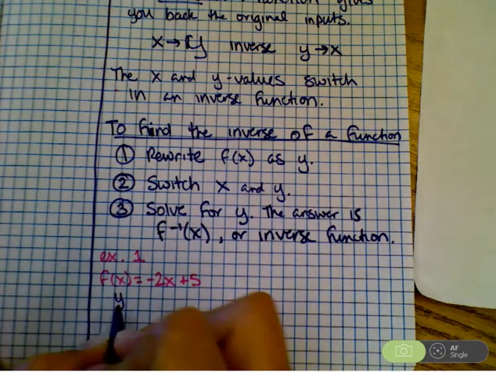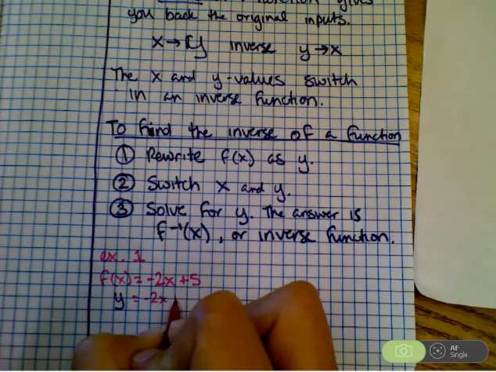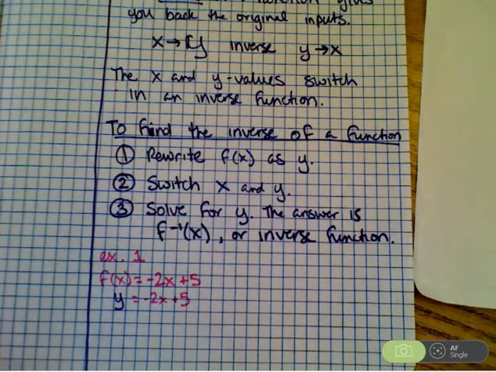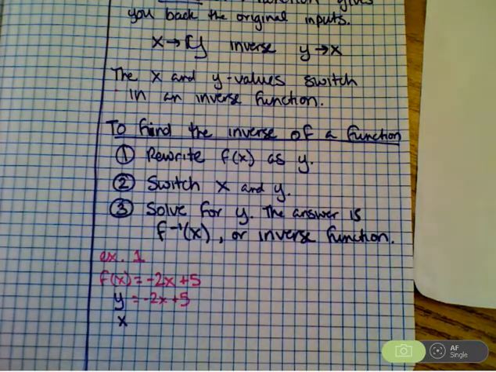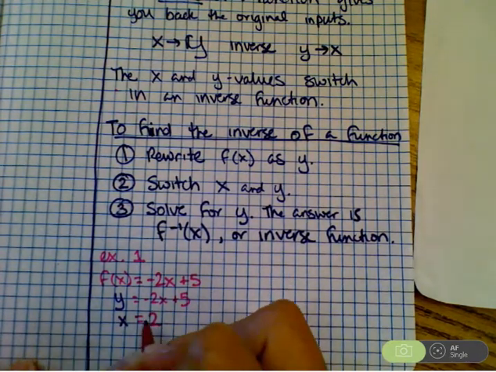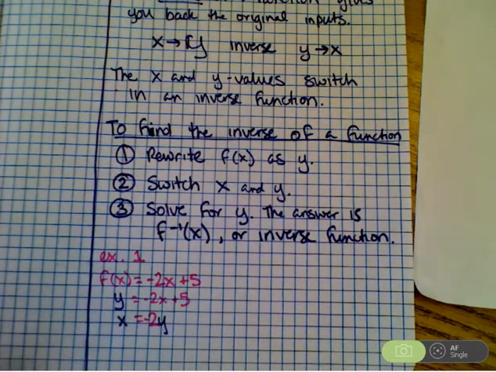So step 1, we say y equals -2x plus 5. Step 2, we switch x and y. So we just literally take the x and the y, and we put them in opposite positions. So we say x equals -2y plus 5.